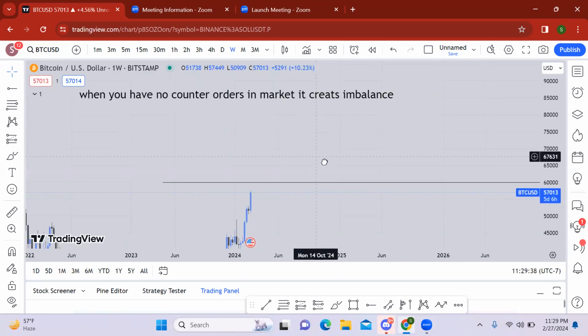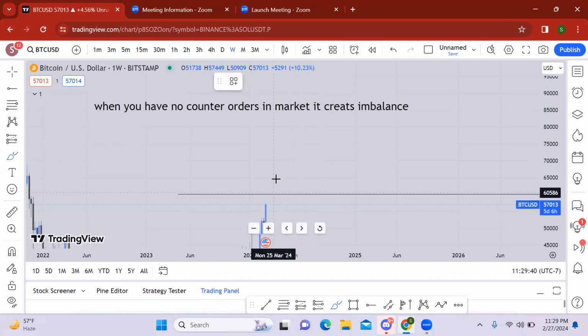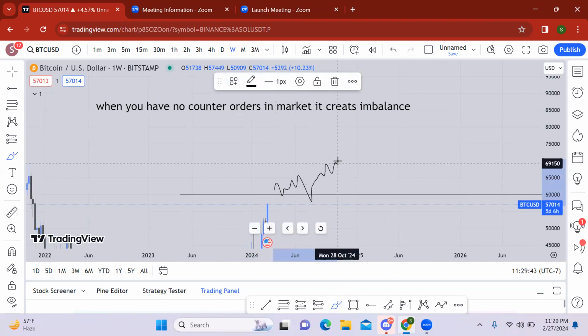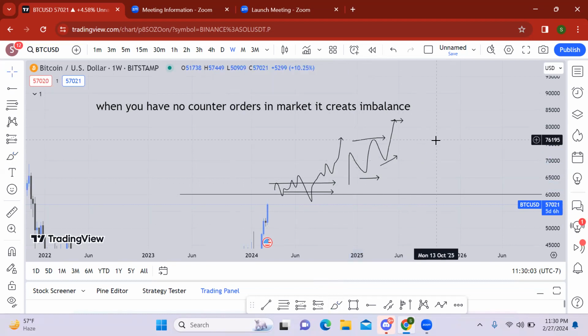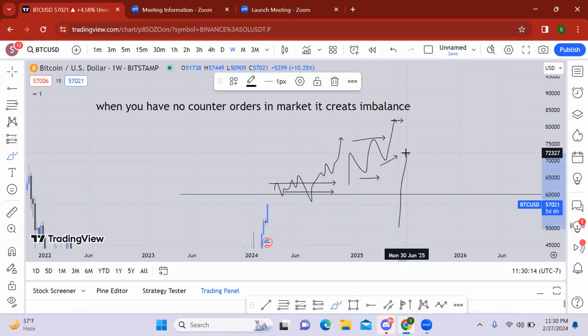For a certain level, if someone is just buying and no one is selling here, for movement of the market you need buyers here, sellers here, buyer here, seller here, and vice versa. But when you don't have any sellers, only buyers at a certain level, then at that position price creates imbalance. It shoots up like this and it creates imbalance below.